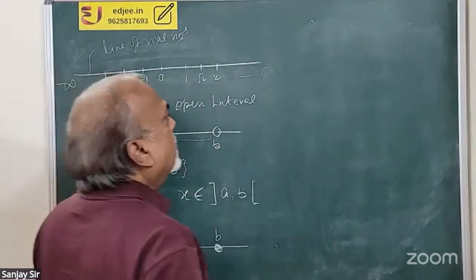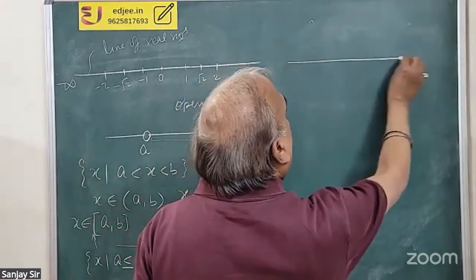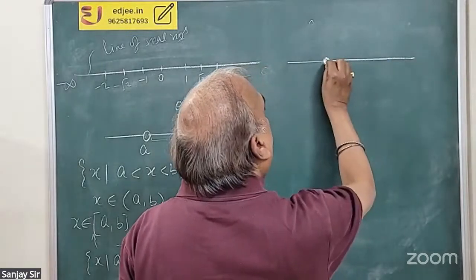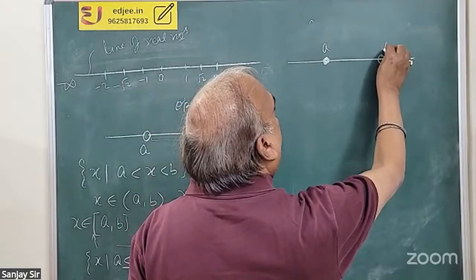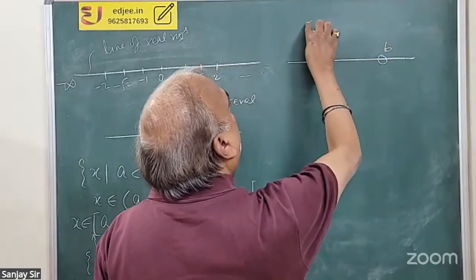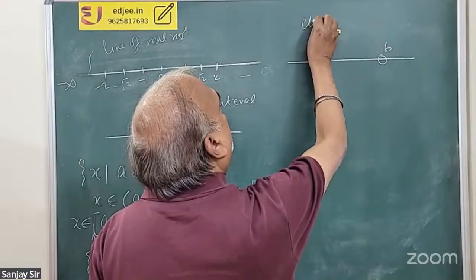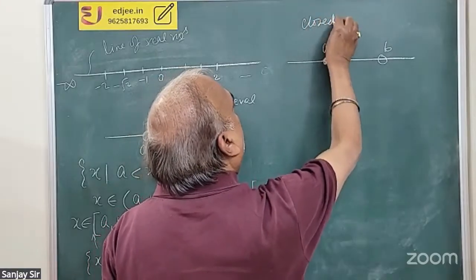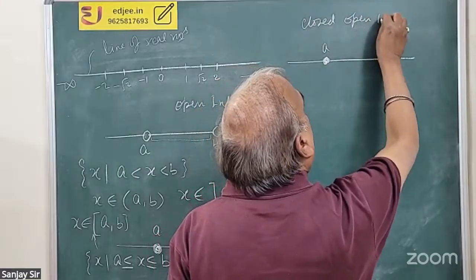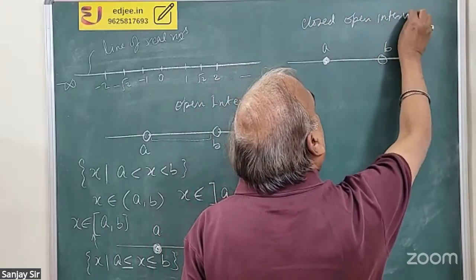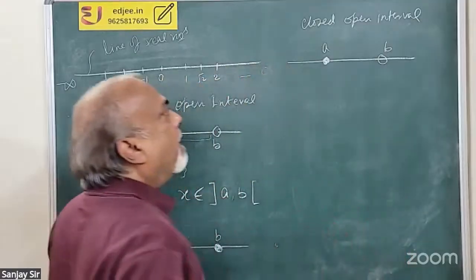Other intervals means, suppose you have this is A and this is open B. It is a closed-open interval.